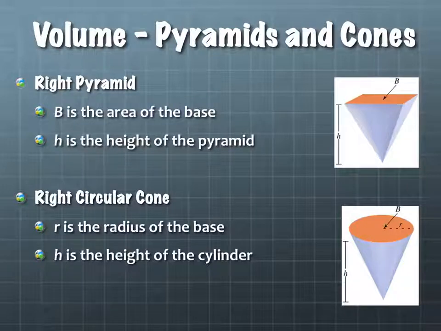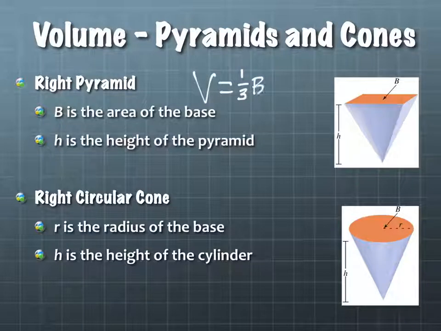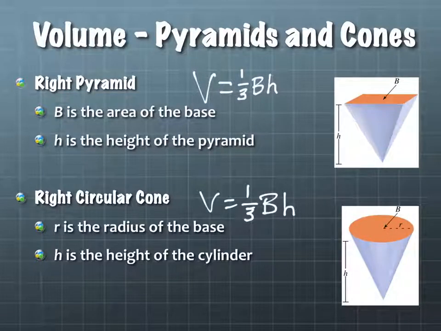Pyramids and cones are a little bit different. You obviously have a base, whatever the shape is, a polygon or a circle for the base. And the difference in finding their volume is that instead of having just the base times the height, you actually have 1/3 the base times the height. And the same is true for your cone. All of these bases are the area of the bases.